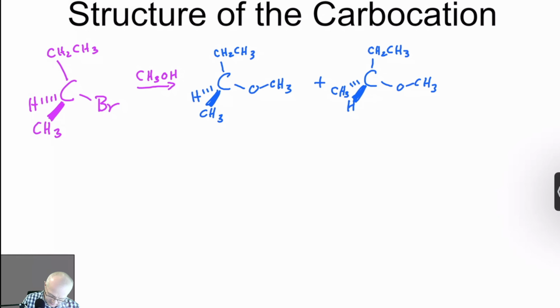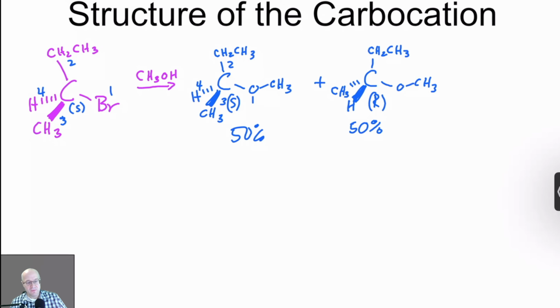So you start out with 1, 2, 3, and 4. So you start out S, and you end up with S and with R, 50-50. You get S and R 50-50.